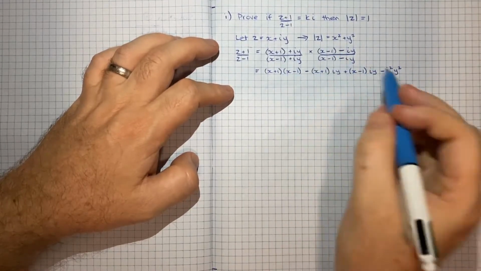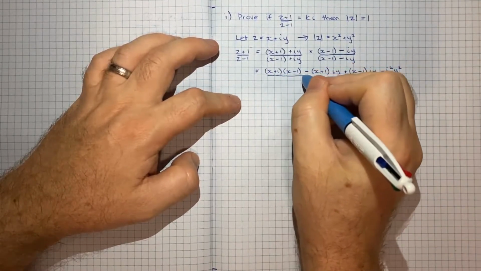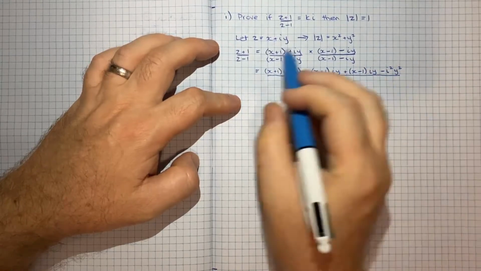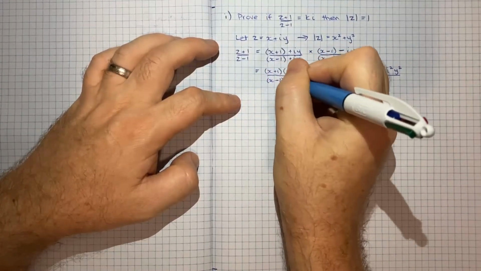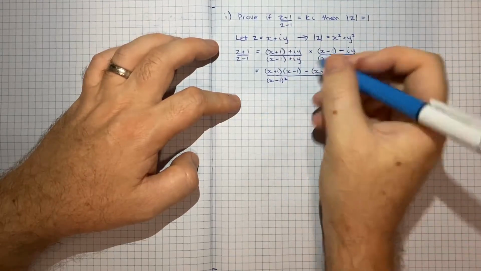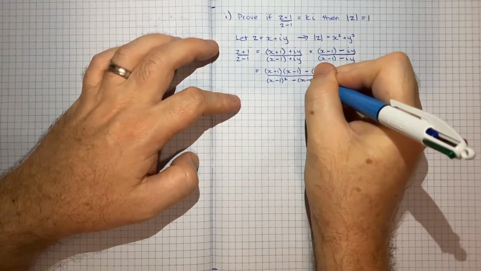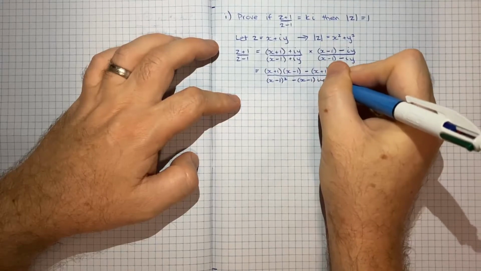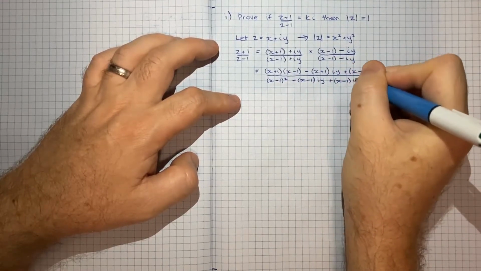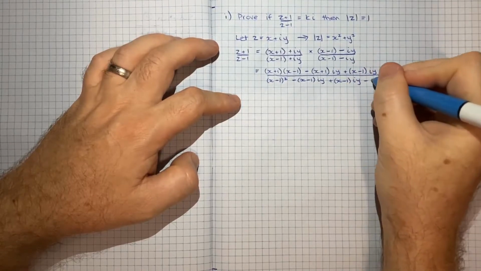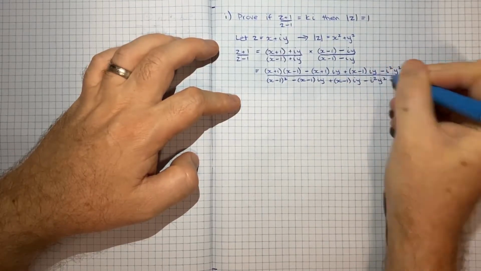So that's our numerator. And then that's all going to be divided by x minus 1 squared, minus x minus 1 iy, plus x minus 1 iy, minus i squared y squared.